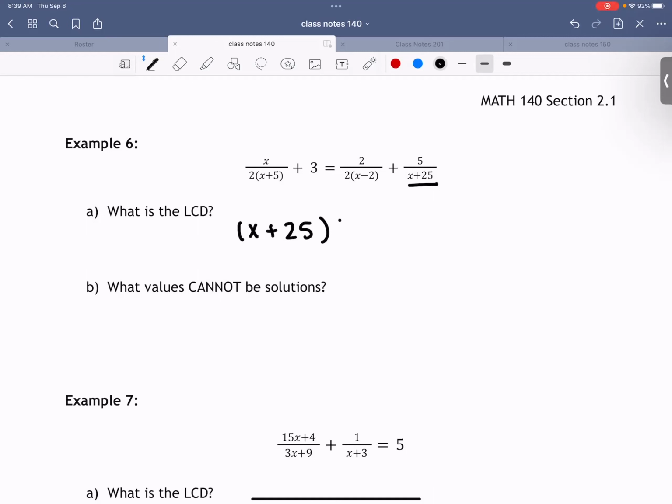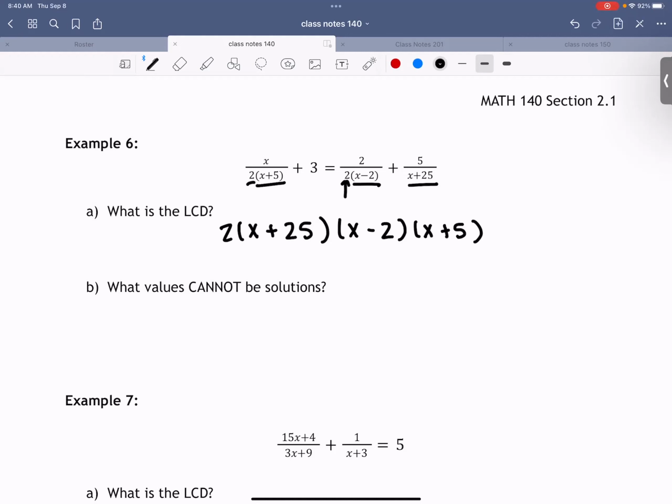X minus 2 definitely should be in there, right? So I accounted for that in the denominator. Okay. Anything else? X plus 5, good. X plus 5 should be in there. Okay. What else can I put? A 2, okay? So I accounted for that. Should I put the other 2 there? No, right?